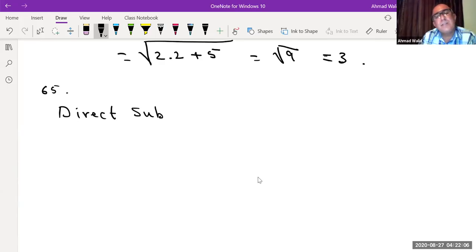What is direct substitution? Substitution or property or law or method, correct?